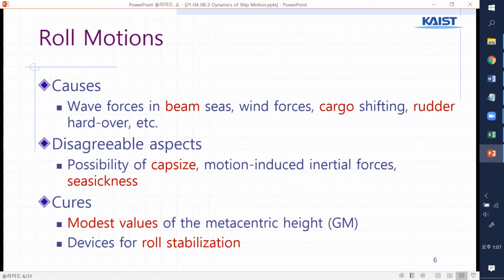The disagreeable aspects of rolling motion are the possibility of capsizing, and motion-induced inertia forces. There is an acceleration inside the ship. If you take a car and the car is turning around very fast, then you can feel your body shifting to the other side, right?